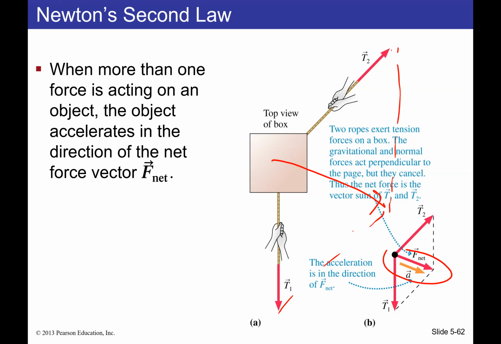Newton's second law tells you what needs to be done in order to make the object accelerate. What we need is a non-zero net force, such that forces don't cancel each other. That means F net must be non-zero. F net is a vector, so there is an F net in the x direction, i hat, plus an F net in the y direction, j hat. At least one of them must be non-zero in order for F net not to be 0.